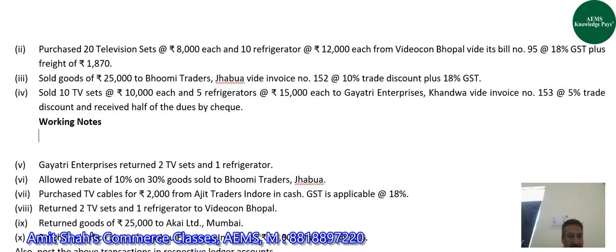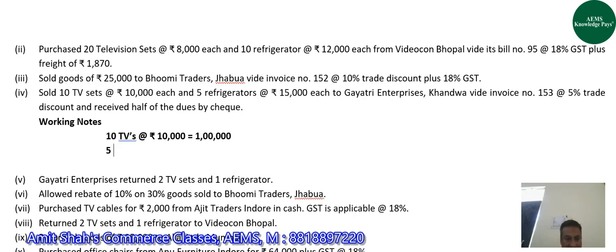I'm making the working notes of it here only. So 10 television sets at the rate of rupees 10,000, that is 1 lakh, and 5 refrigerators at the rate of rupees 15,000, that total is 75,000.